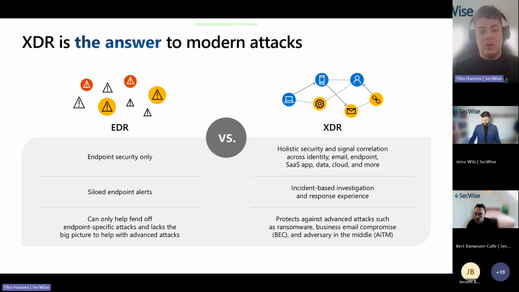It's way too small for the way that attacks are so complicated right now. So that's why we want to go to an XDR, because it connects and correlates data across different domains. The XDR will also grab, for example, data from your emails and from your identities. And that way it protects you against much more advanced attacks.